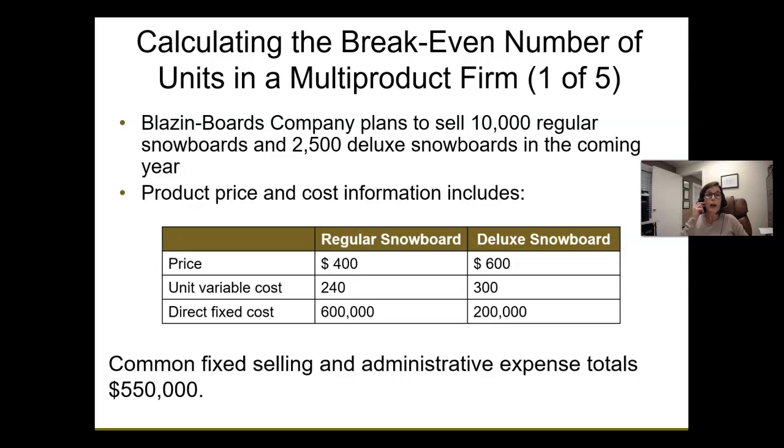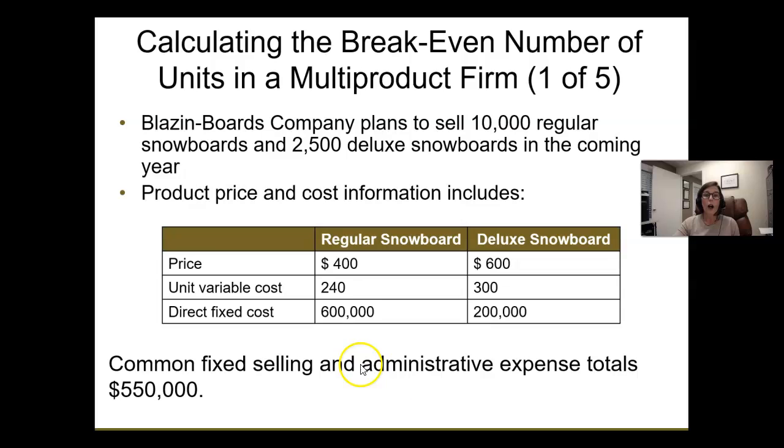So we've got now the Blazin' Boards company again, and they're going to sell 10,000 regular snowboards and 2,500 of the deluxe snowboards in the coming year. Regulars are $400 and deluxe are $600, and the variable cost per unit on the regular is $240 and the deluxe is $300, and then we have their direct fixed costs there.